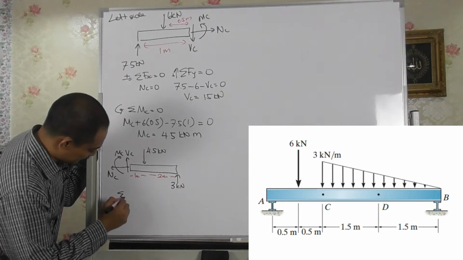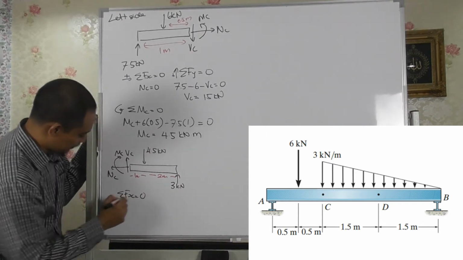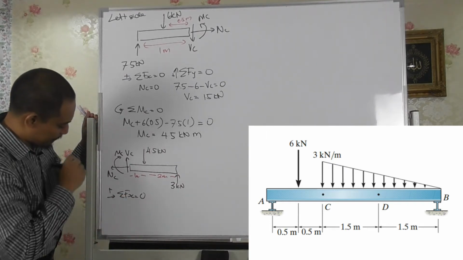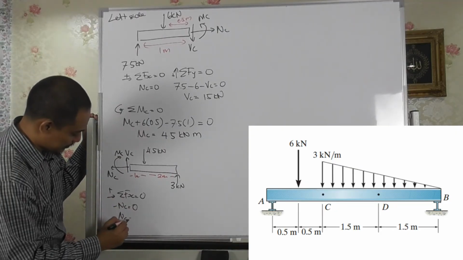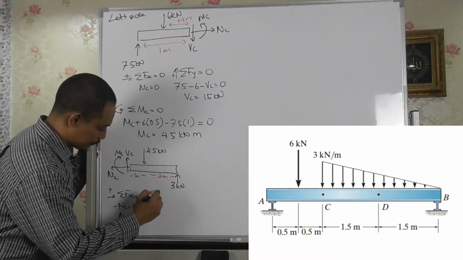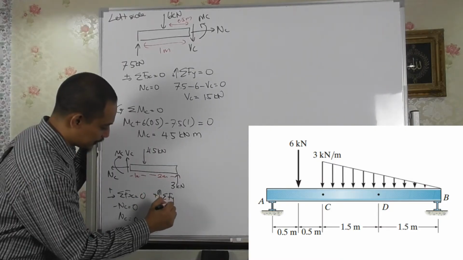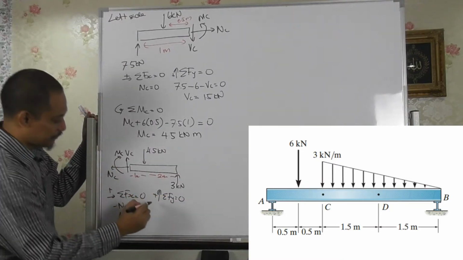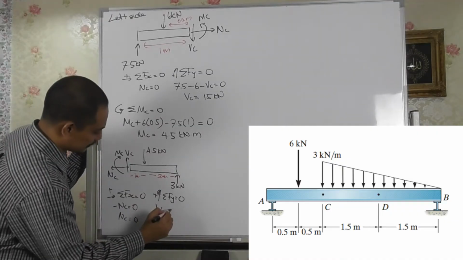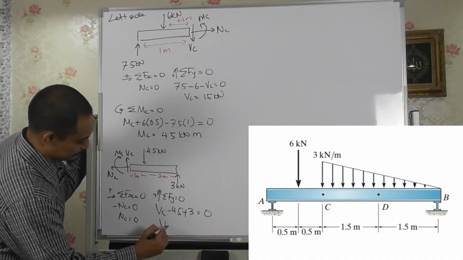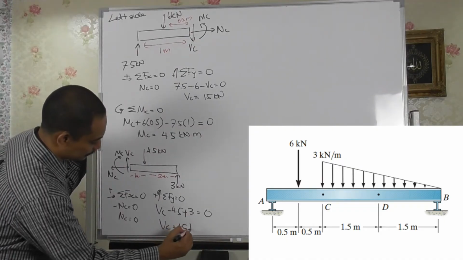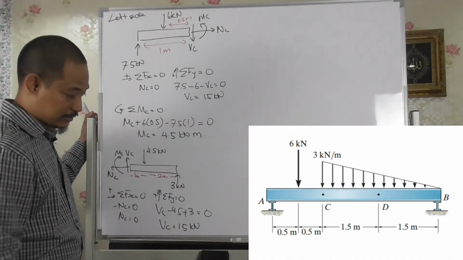So if you do summation of Fx equal to 0, taking positive to the right, you have minus NC equal to 0, so NC equal to 0. If you take upwards as positive, summation of Fy equal to 0, you have VC minus 4.5 plus 3 equal to 0, so VC equal to 1.5 kilonewton, which is the same.